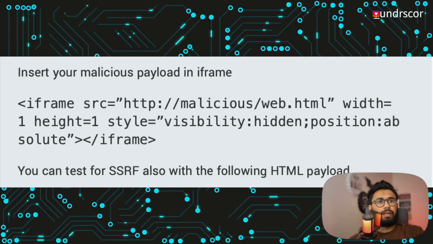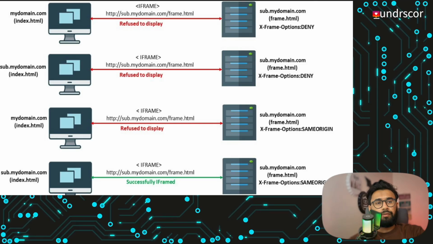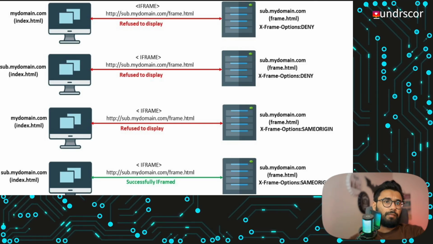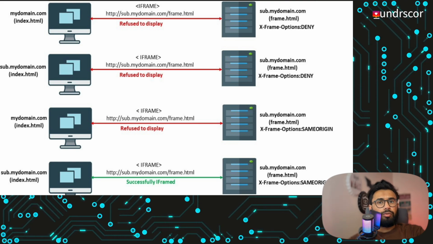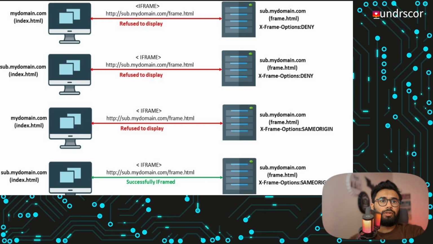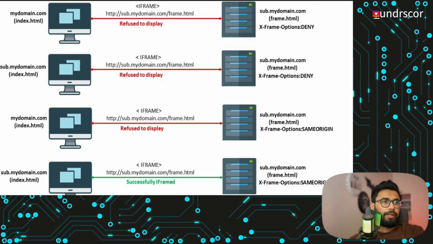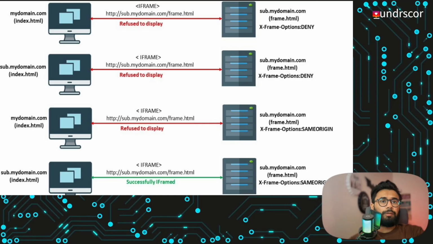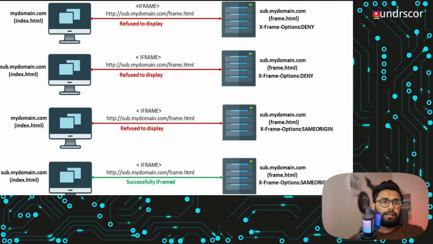There are headers like X-Frame-Options with DENY, and CSP with frame-ancestors 'none'. It means that no other website is allowed to load this page inside an iframe. So the resource does not load inside that iframe even if an attacker tries to embed it. The browser will block it and the page will simply not open inside other sites.